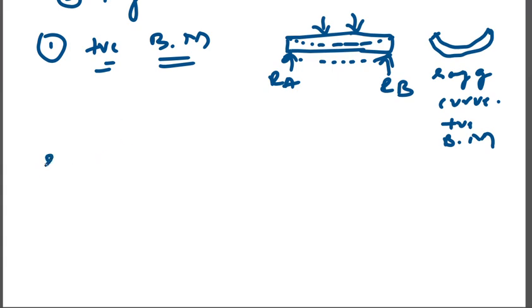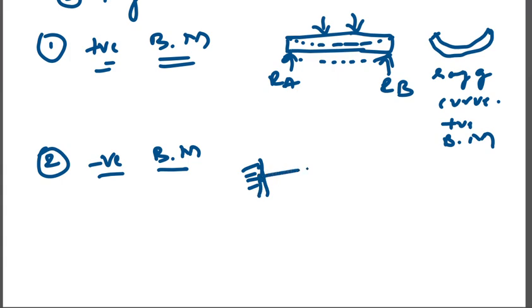What is negative bending moment? If the deflection is in the upward direction, then it is called negative bending moment. The best example is the cantilever beam, where one side is fixed and the other end is free.